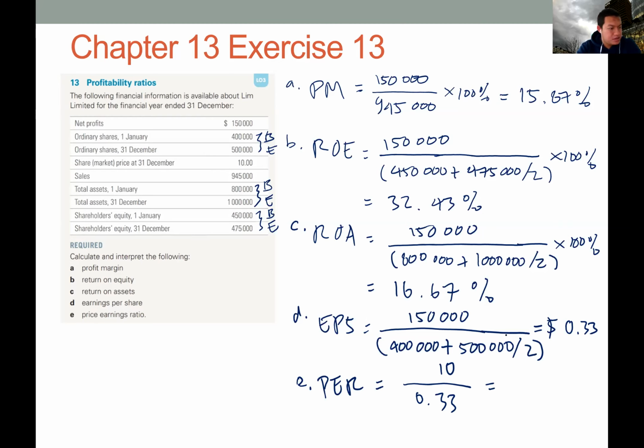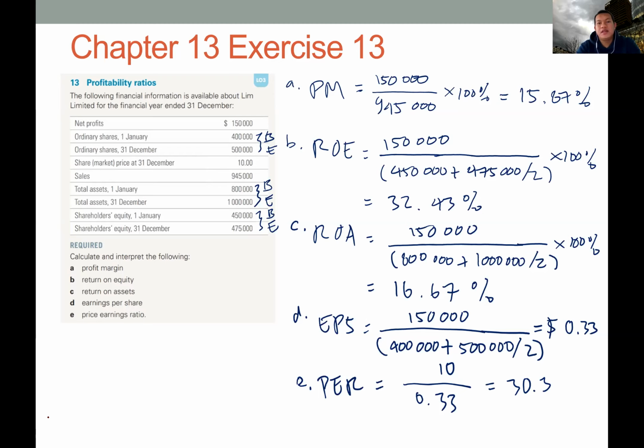This should be 30 point something, 30.3. Okay, so these are the ratios of profitability of Lim Limited. Now we need to interpret these ratios.